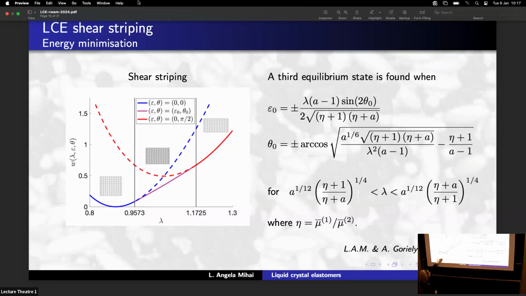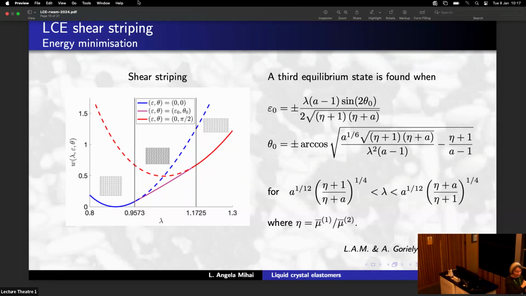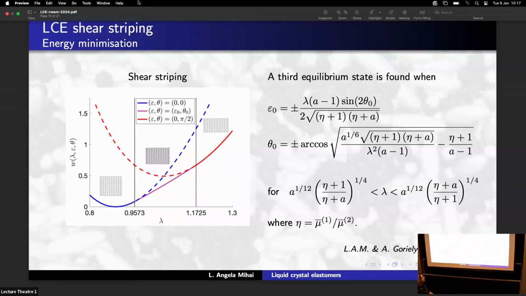The minimum is attained with the director aligned vertically. At the end, when the sample has stretched enough, the minimum is attained for the nematic director being aligned in the force direction. However, you see that in the middle, neither of them wins. There is a third state.